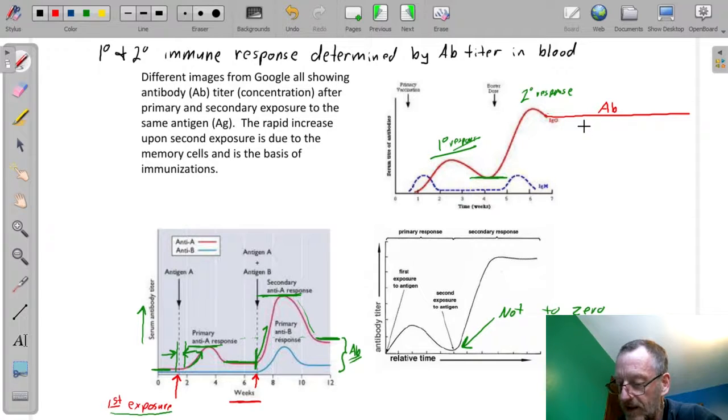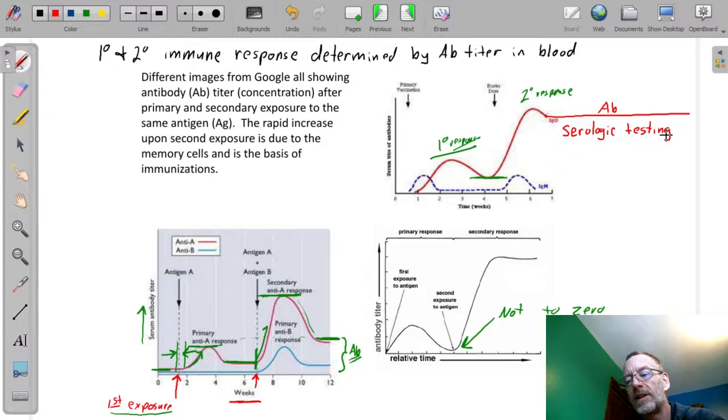This is what's in the news right now when they're talking about doing serologic testing. The buzz at the moment is trying to identify people that are now resistant to COVID-19.